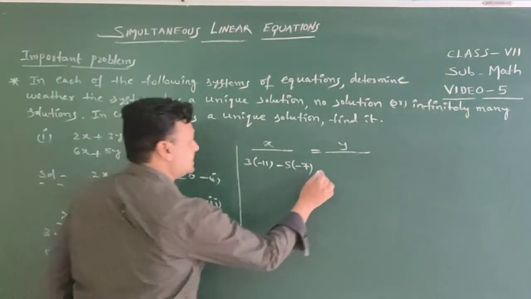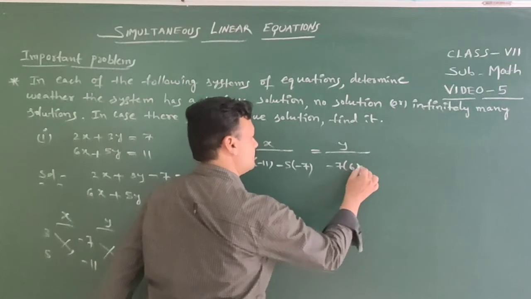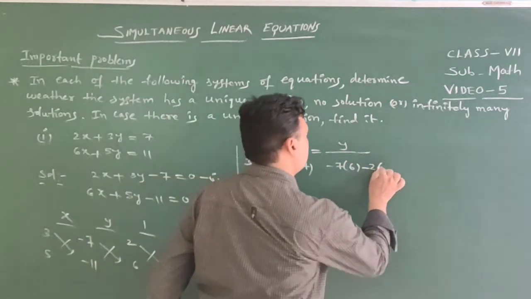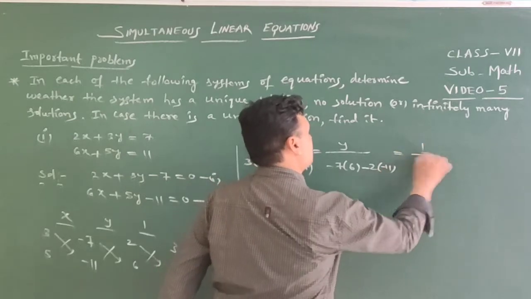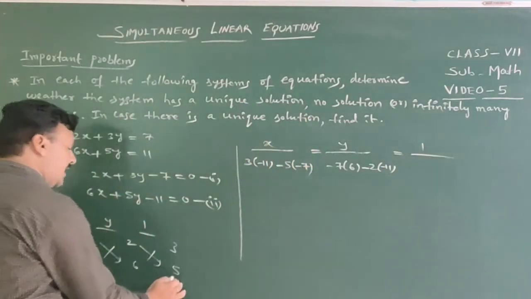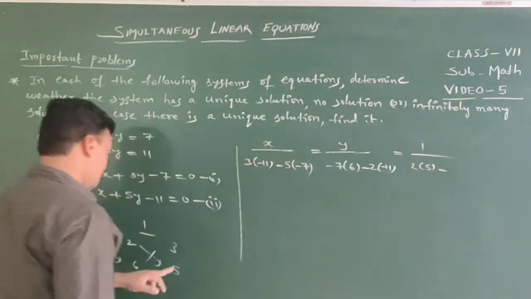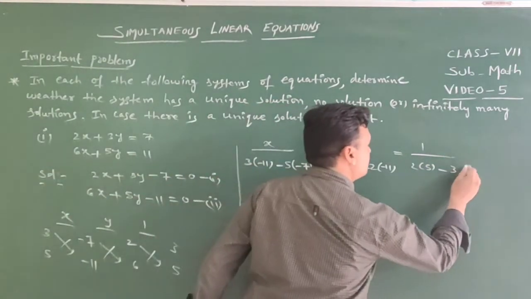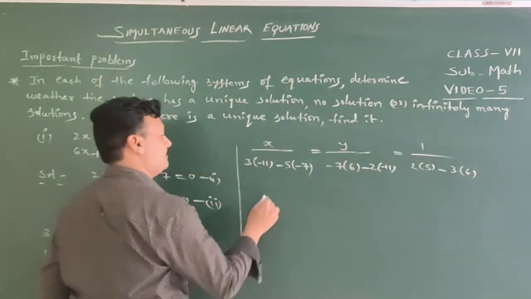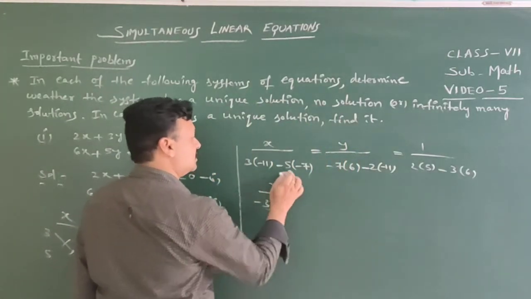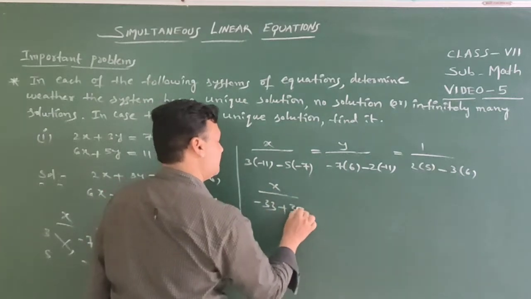Minus 7 into 6, minus 2 into minus 11. 2 into 5, 3 into 6. Here minus 33, minus of minus, plus 35.